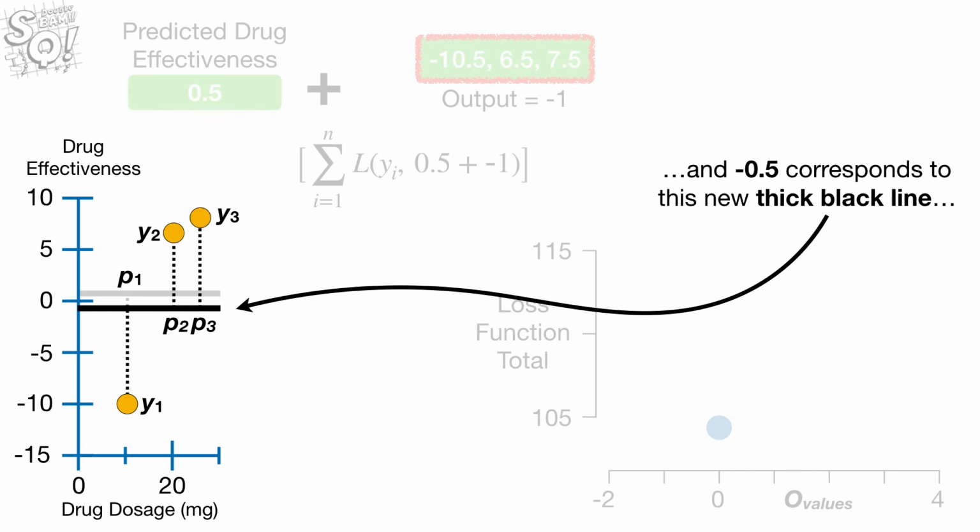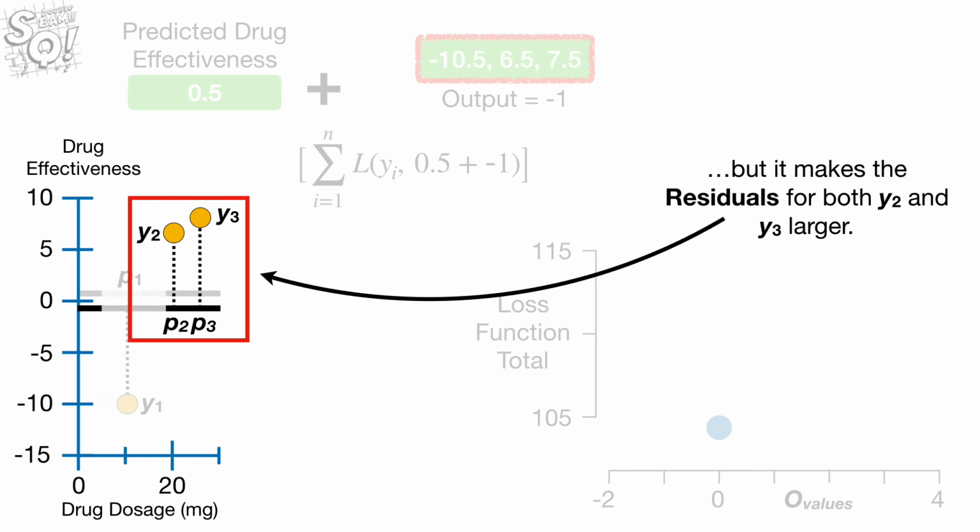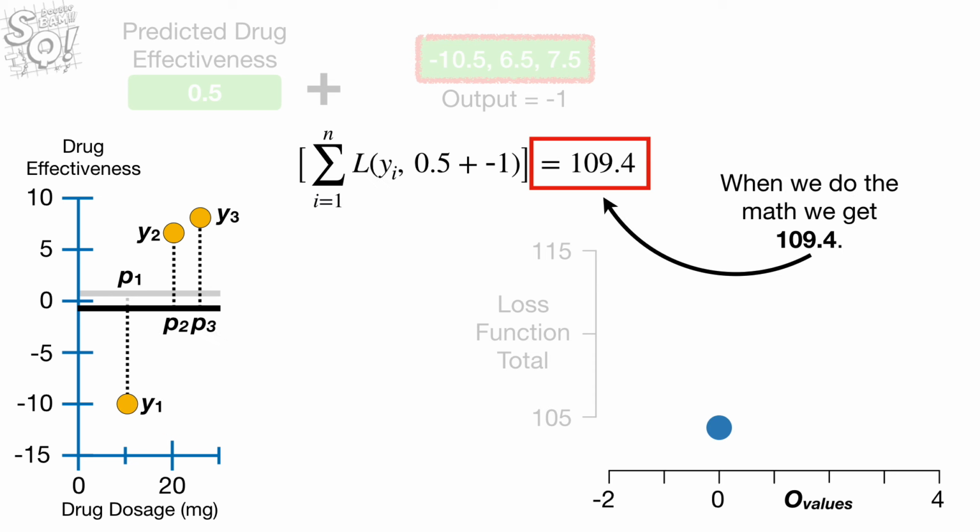And -0.5 corresponds to this new thick black line. And that shrinks the residual for y sub 1, but it makes the residuals for both y sub 2 and y sub 3 larger. When we do the math, we get 109.4.